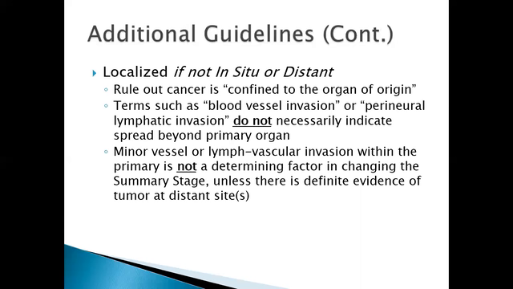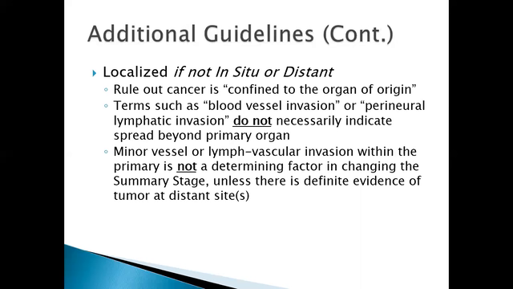metastases. Then the additional guidelines for localized disease: you want to rule out that the cancer is confined to the organ of origin. So in order for a lesion to be classified as localized, remember, it must not extend beyond the outer limits of the organ, and there must be no evidence of metastases anywhere else, okay?